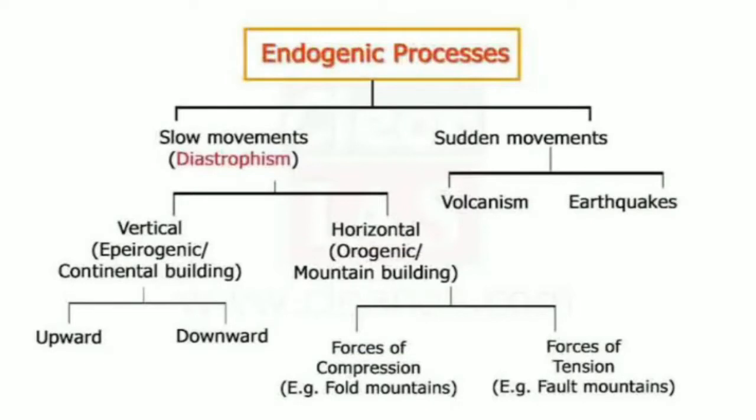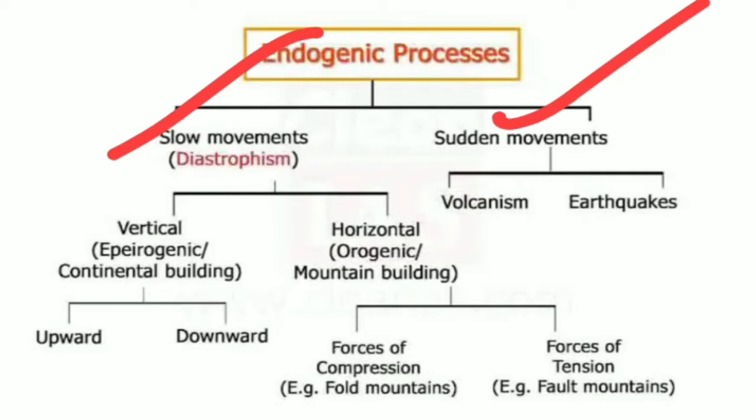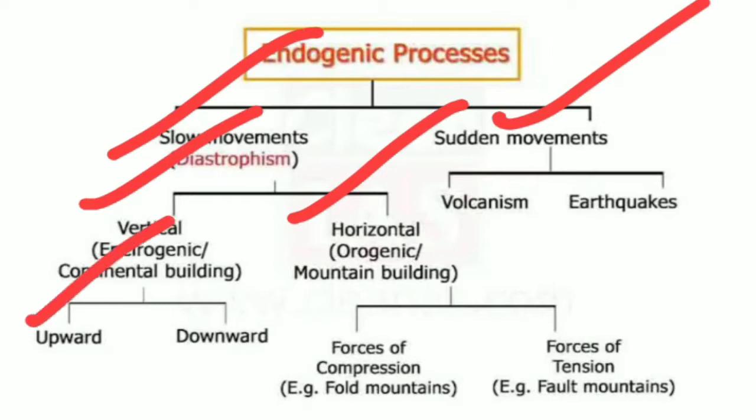Now the endogenic forces are divided into slow movements, that is diastrophism, and sudden movements. The slow movements are again divided into vertical, that is epirogenic or continent building, and horizontal, that is orogenic or mountain building. The epirogenic is divided into upward and downward movement, and orogenic is divided into forces of compression, for example fold mountains, and forces of tension, for example fault mountains.